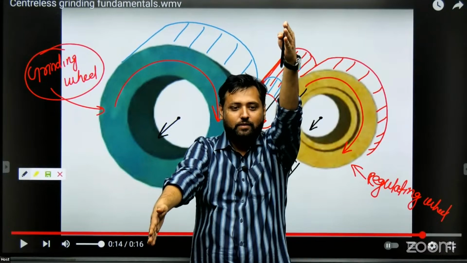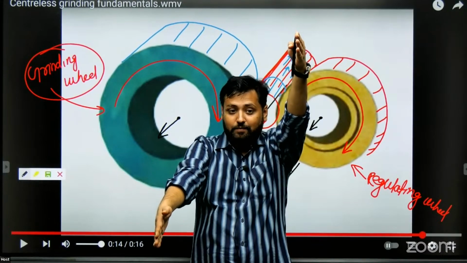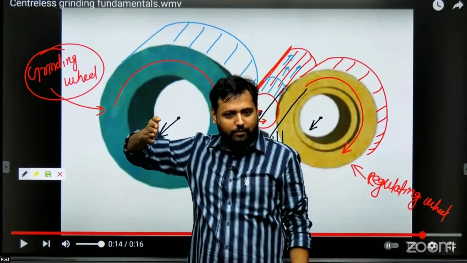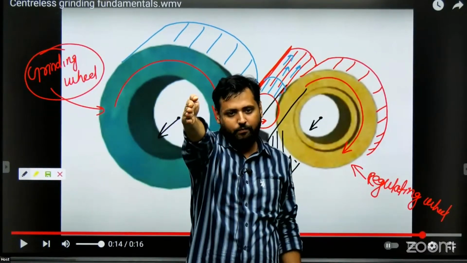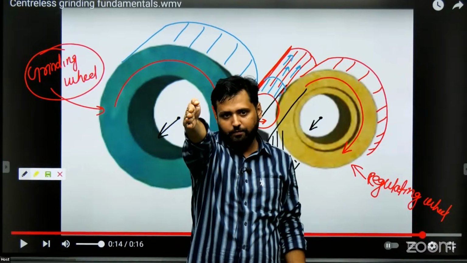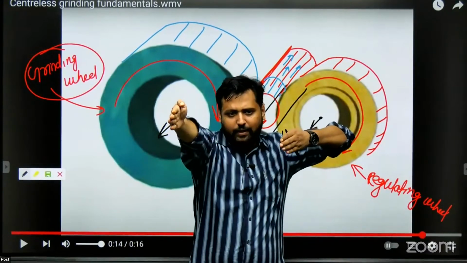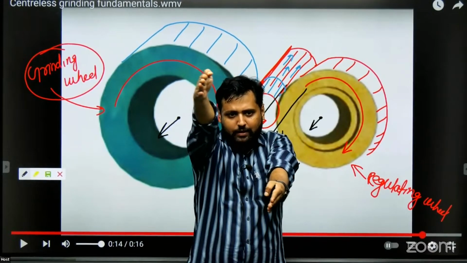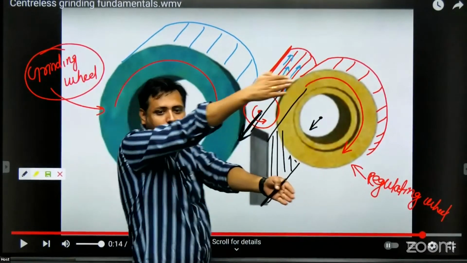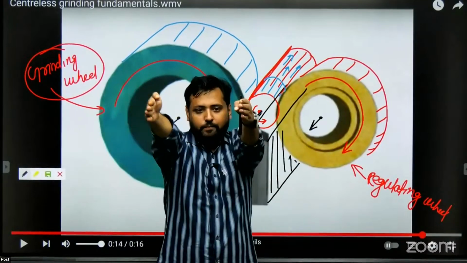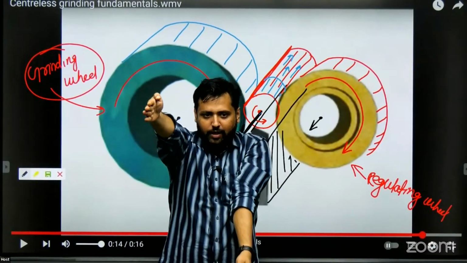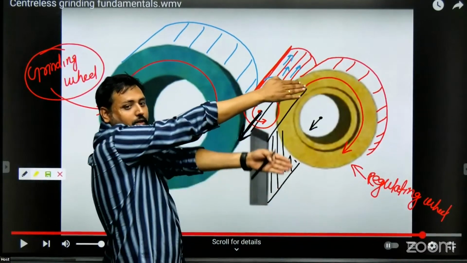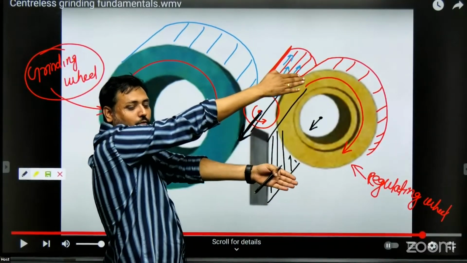This grinding wheel will have the axis like this, horizontal. But this regulating wheel will be sloped in such a way that you can observe now, there is an angle between the two axes.